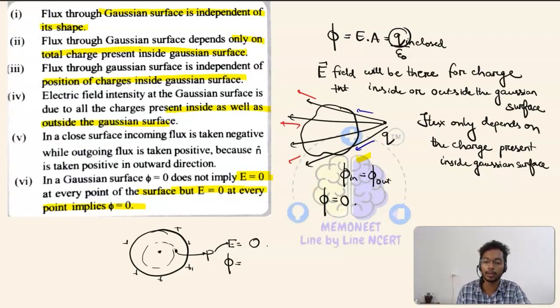What about the flux? The flux is also 0, because the enclosed charge is 0, and the flux directly depends on the charge enclosed. So when E is equal to 0, phi is 0. But when E is not equal to 0, phi can be 0 or non-zero.